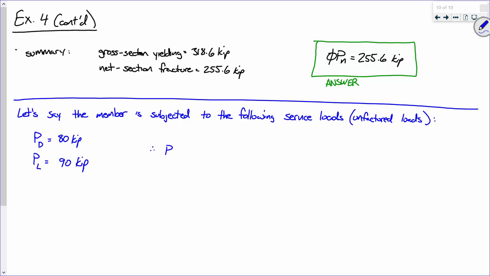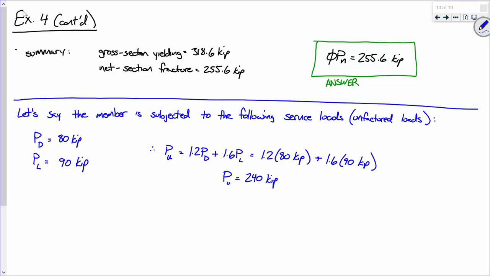Therefore, we'll call this Pu, the ultimate factored load, 1.2 Pd plus 1.6 Pl, which is 1.2 times 80 kips plus 1.6 times 90 kips. If I calculate that out, what does that come out to be? $240.